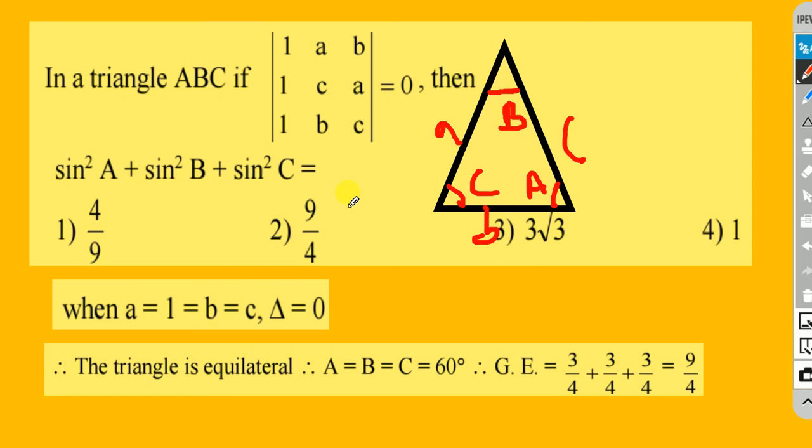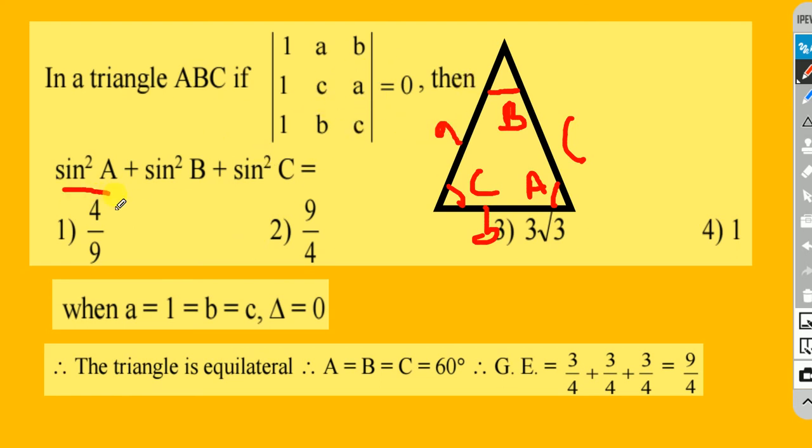This is what we learnt even in trigonometry. While discussing questions on trigonometry, we have seen that small letters indicate the lengths of the sides, and capital letters indicate the angles. Now I have 1 A B, 1 C A, 1 B C here, which is equal to 0, this determinant.